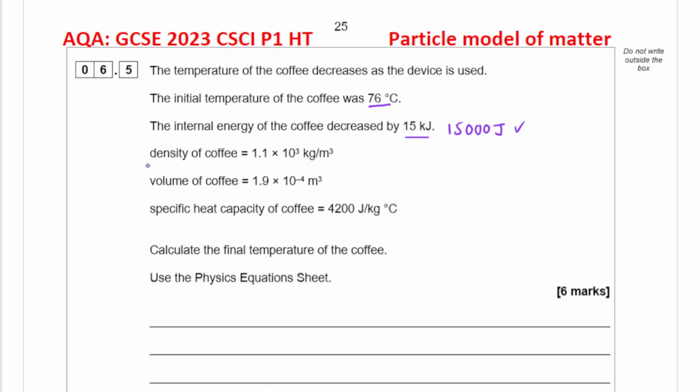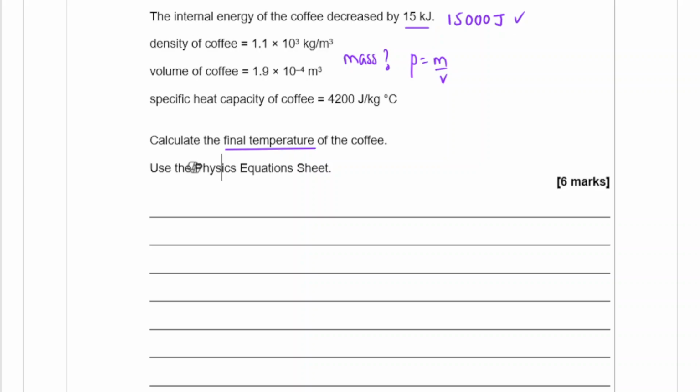Because they have given you the density and the volume, you will need to find the mass using the equation for density. Density equals mass over volume. The specific heat capacity of the coffee is 4,200. Calculate the final temperature. So let's calculate the mass.